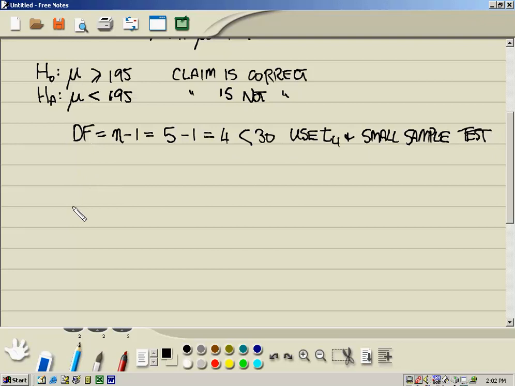Now we can draw the distribution. Let's call this a t with 4 degrees of freedom.